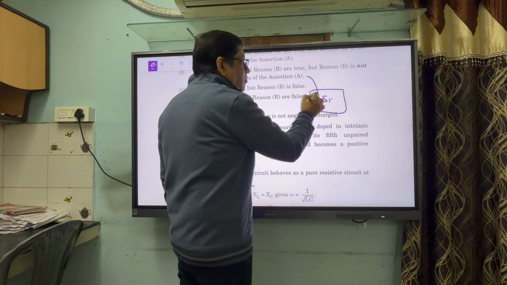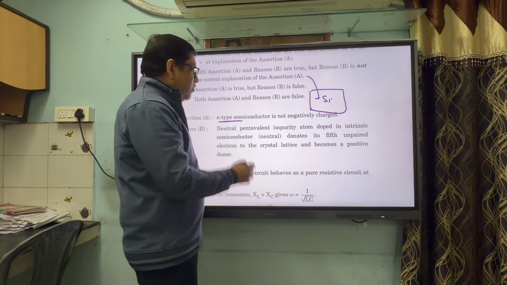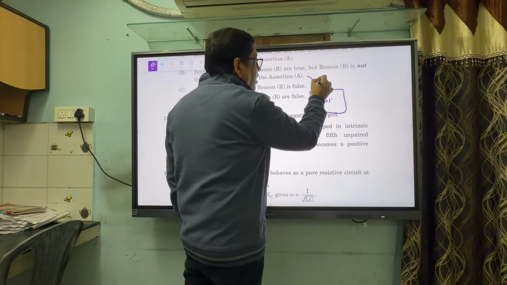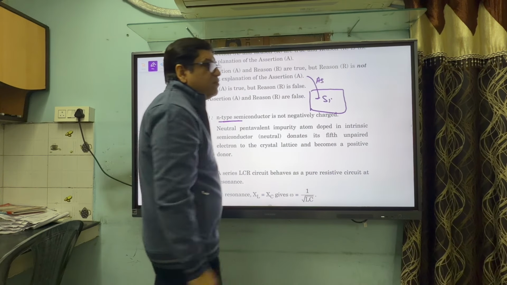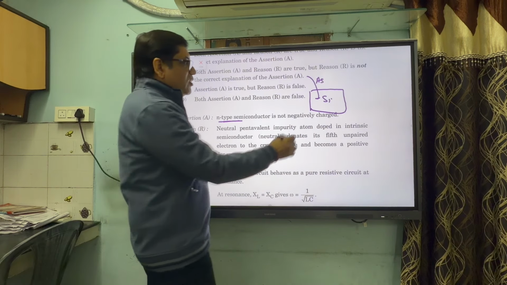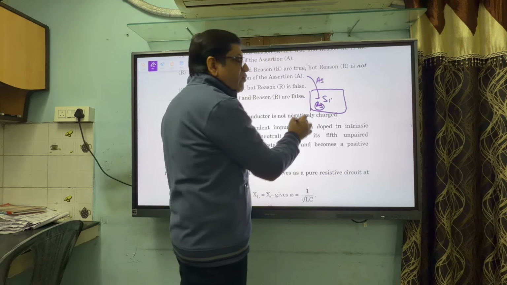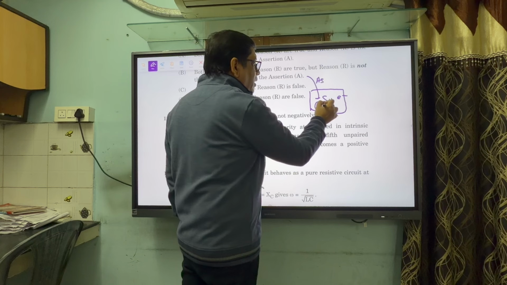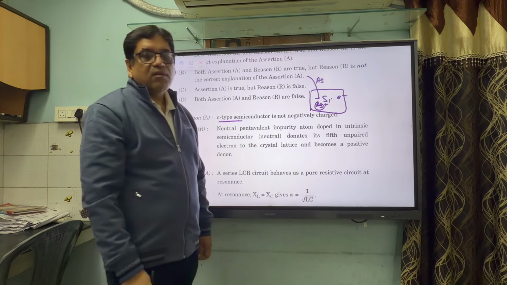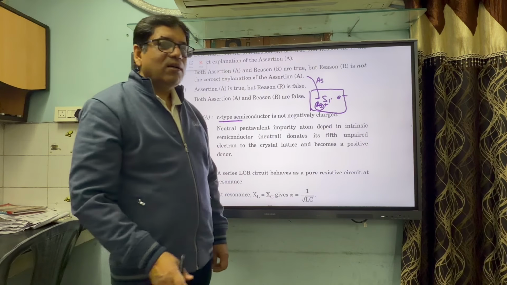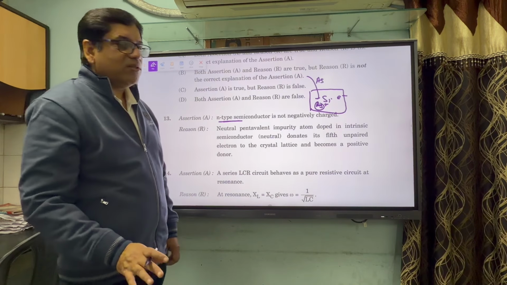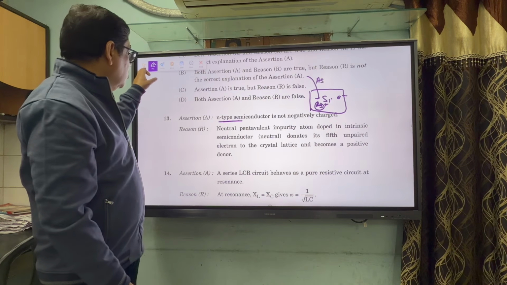In silicon, we are entering a pentavalent impurity to form an N-type semiconductor, that is arsenic, suppose. Now, when arsenic atom goes here, it will provide a free electron. Electron will become free, but arsenic will acquire a positive charge. So the net charge on the N-type semiconductor will remain zero. It is neutral. So assertion is correct.